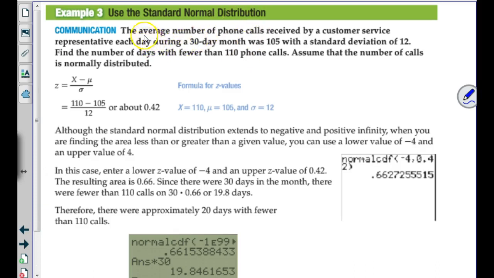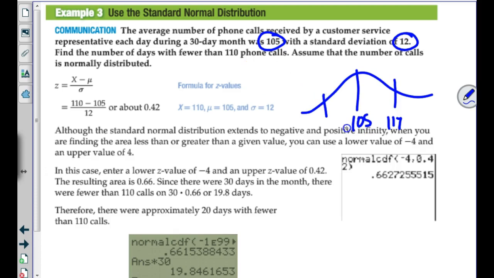This example says the average number of phone calls received by a customer service representative each day during a 30-day month was 105 calls, with a standard deviation of 12. So if we were to draw this, we'd have 105 and we'd add 12 and get 117. And if we subtracted 12, we'd be down to 93. Did I subtract 12 right, guys?